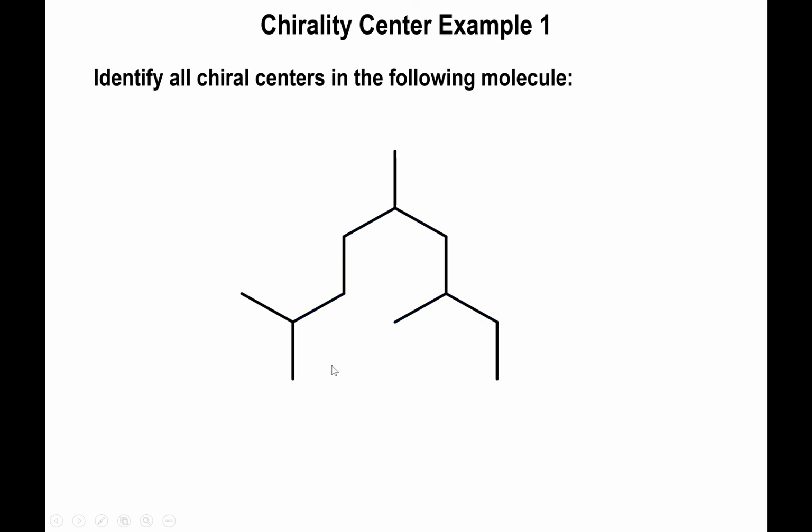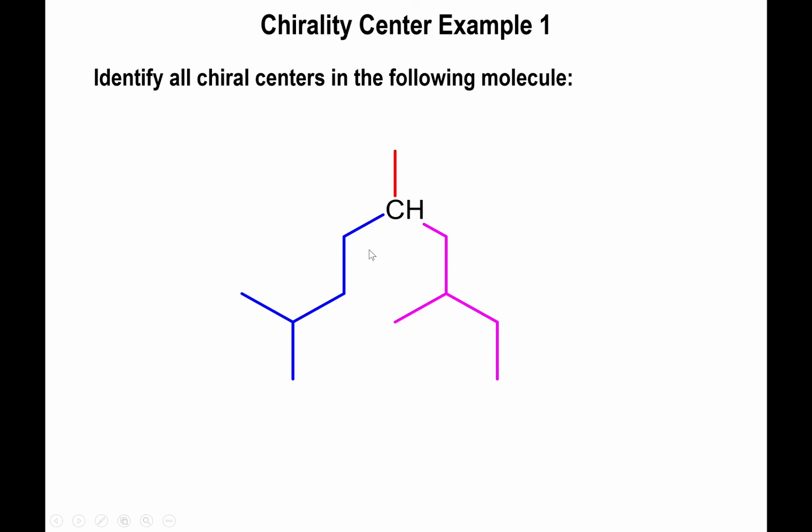Now, scanning the molecule further, we get to this segment, which also has three things bound to it, and that also means that a hydrogen must be bound to this carbon to complete the octet. Now, if we look carefully, we'll see that the red line here is just a methyl group, and a methyl group is different than the big things that we have on the left or right side.